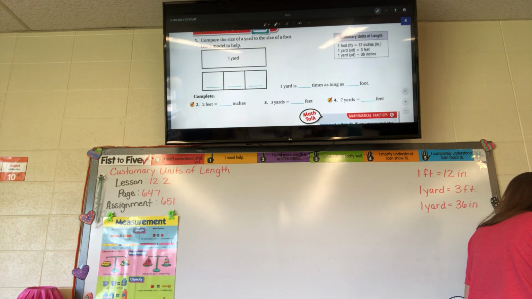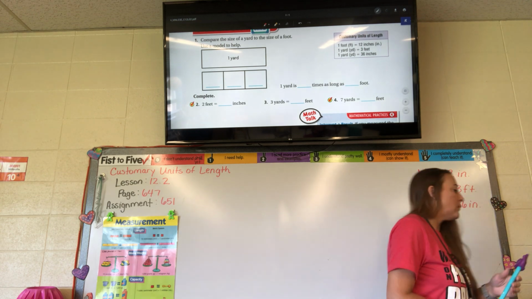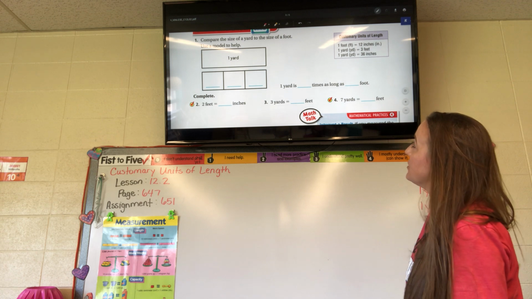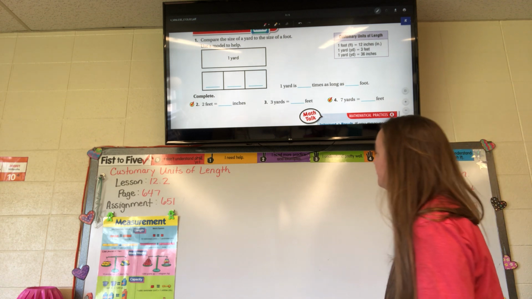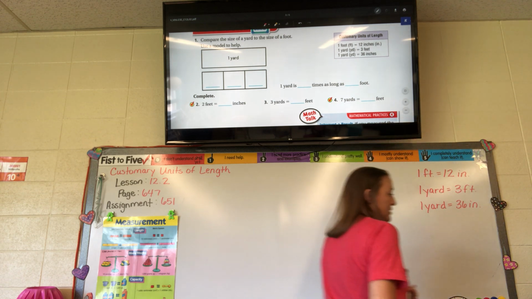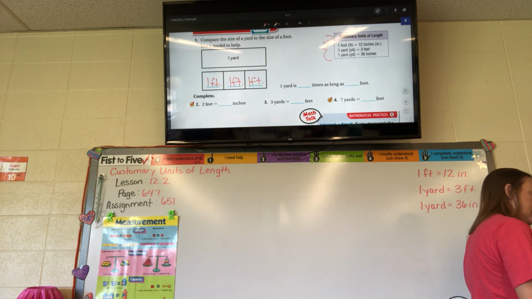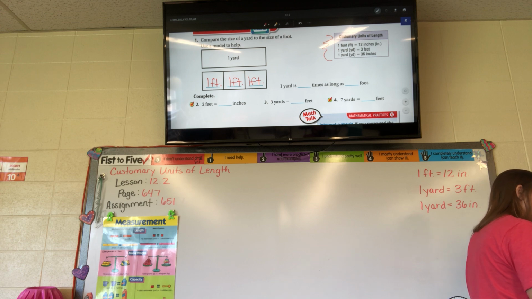Okay. All right, here they want us to compare the size of a yard to the size of a foot. So in 1 yard, there are 3 feet. And they've given us the comparisons.